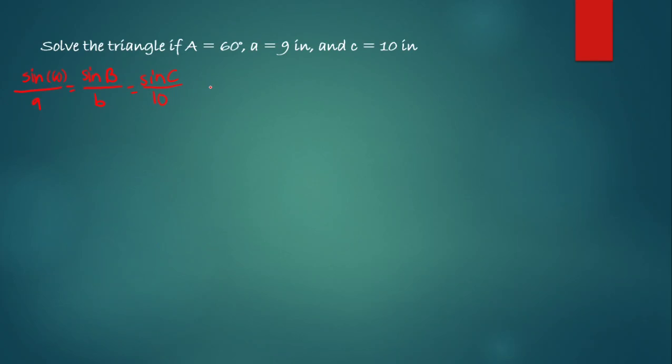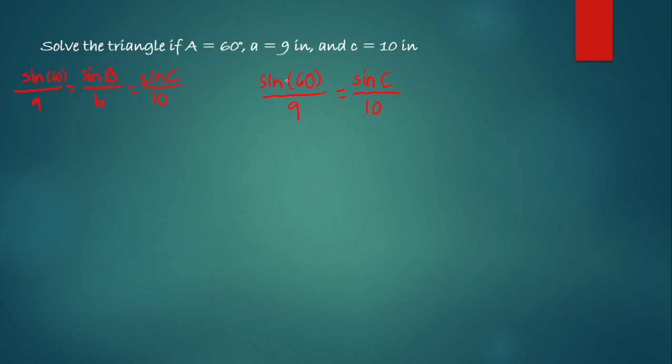So first, let's focus on trying to get angle C. Sine angle 60 over 9 is sine angle C over 10.